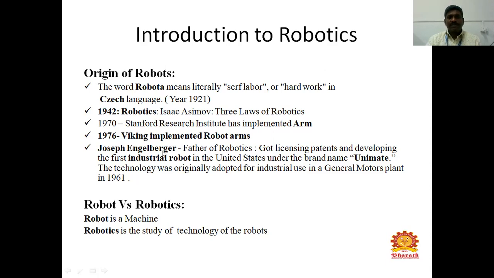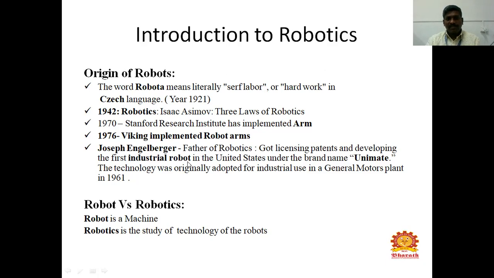Joseph Engelberger is the father of robotics. He is called the father of robotics because he got a license and patent and developed the first industrial robot. So that's why Joseph Engelberger is called the father of the robot.